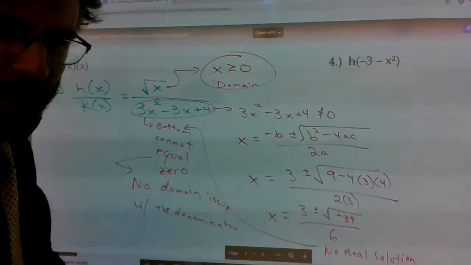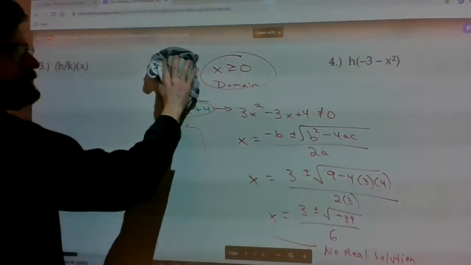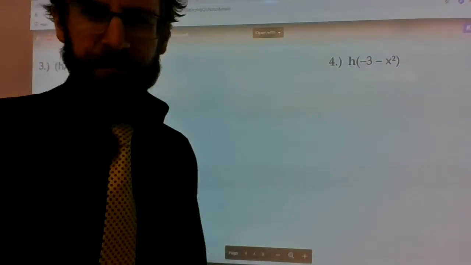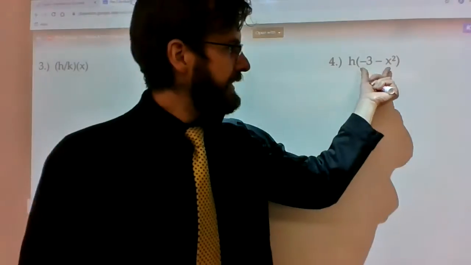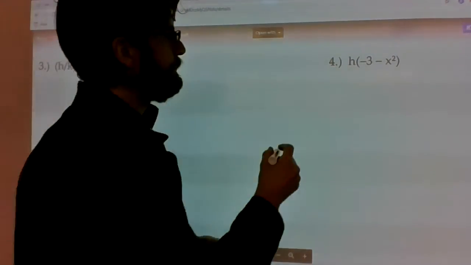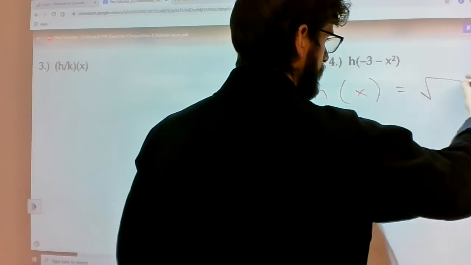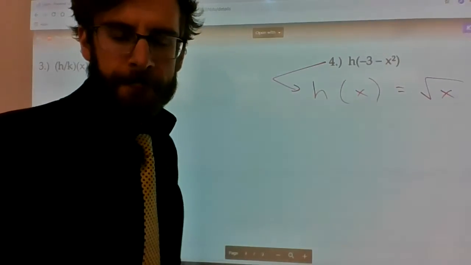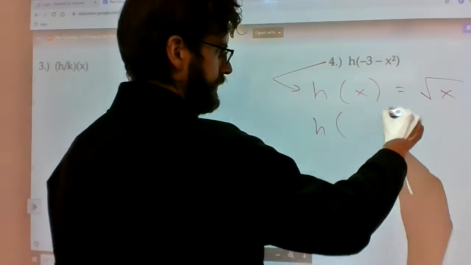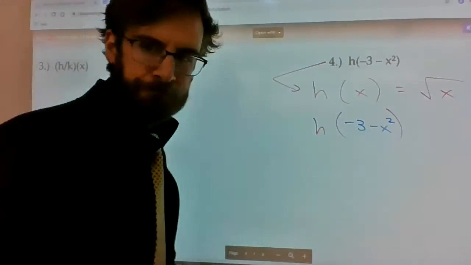They're getting a little trickier, yeah? Let's check out number 4. All right, this is altogether different. Instead of h of x, which is root x, I'm saying take out the x and replace it with negative 3 minus x squared.